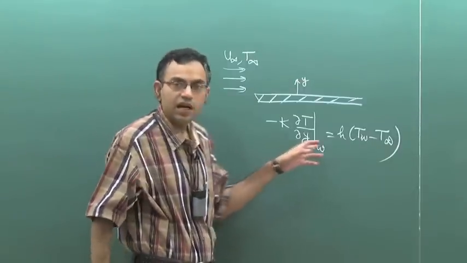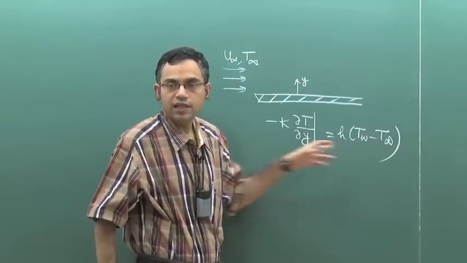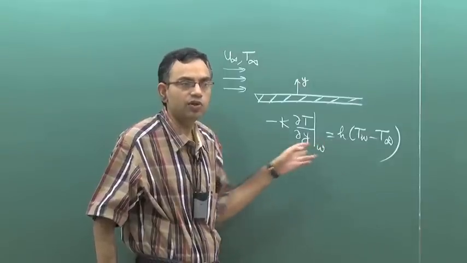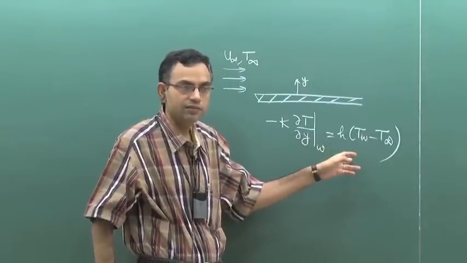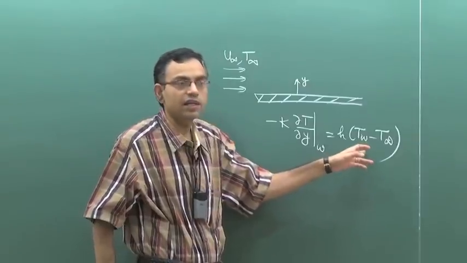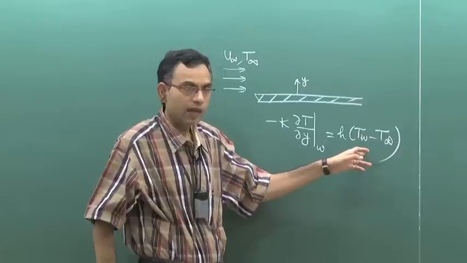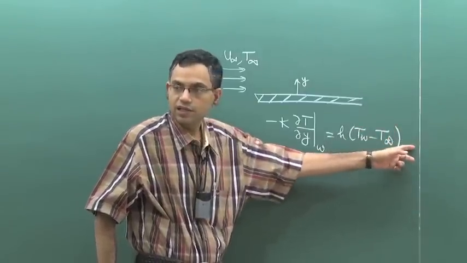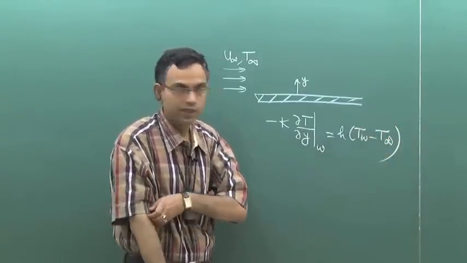We have discussed earlier that this boundary condition is valid for both steady state and unsteady state, and the only important assumption is that radiation is neglected. Otherwise, there will be a radiation term along with it.